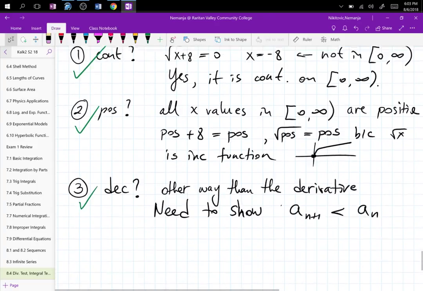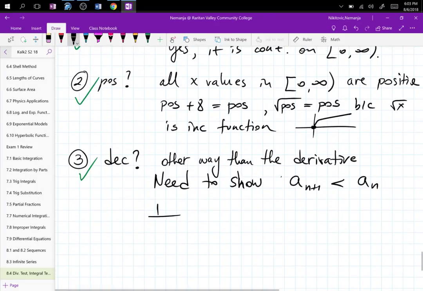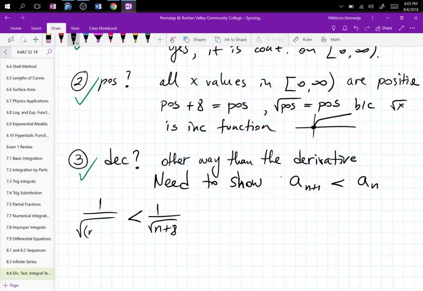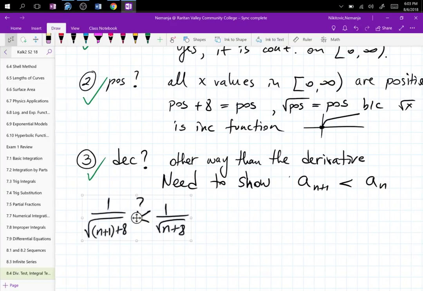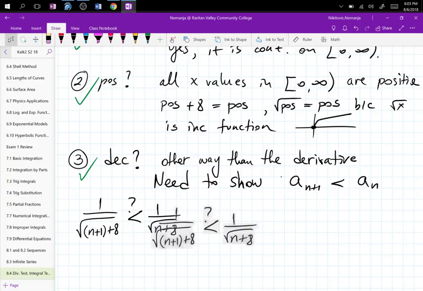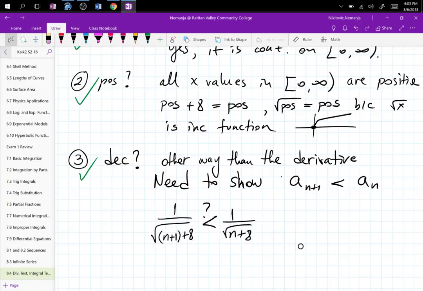So you can go back and pick 1 over square root of n plus 8, and that needs to be larger than 1 over square root of n plus 1 plus 8. So you are checking to see if this is right. So we can do this, or you can do the derivative, right? Sometimes it's really tedious to do algebra, so maybe the derivative is better and faster. But then sometimes you might just want to shovel algebra around and be done.